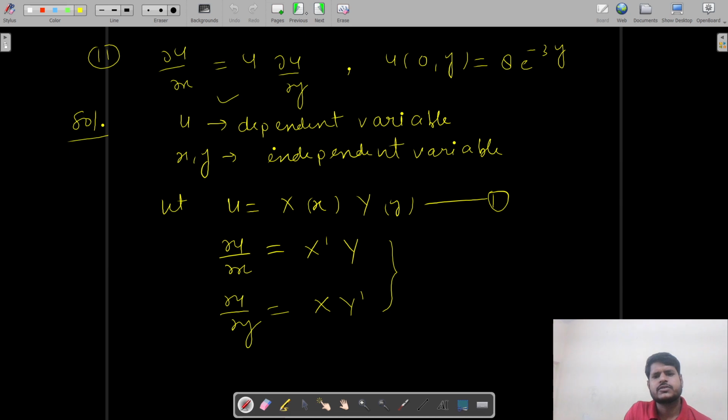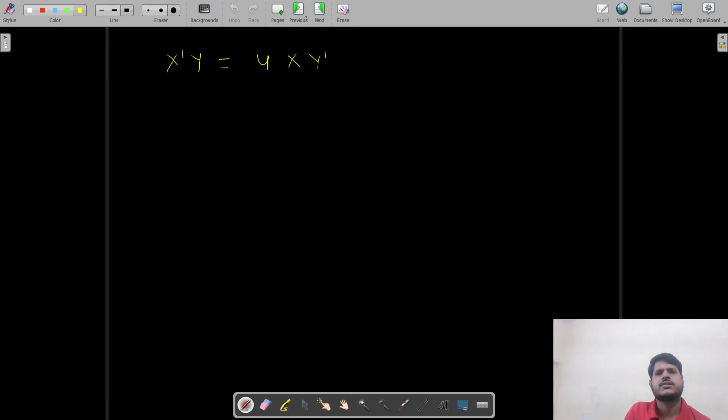Right. So we will write this one. Now I'm telling you, you just have to put X dash upon capital X, the terms of x, on one side and the terms of y on the other side: 4Y dash upon Y.